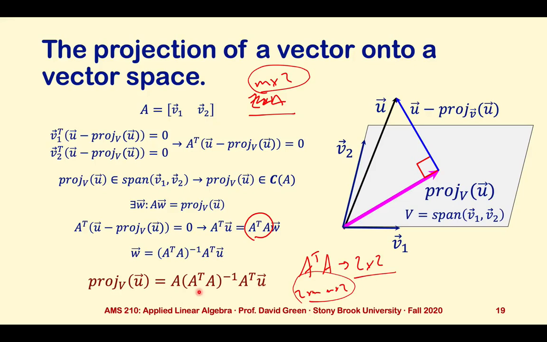Now, if we think about this formula, A simply contains the vectors of V, and U contains the vector we're projecting. These are things that we must know in order to find the projection. What is U and how do we describe V? That's all we need. Okay. This might look a little bit weird.